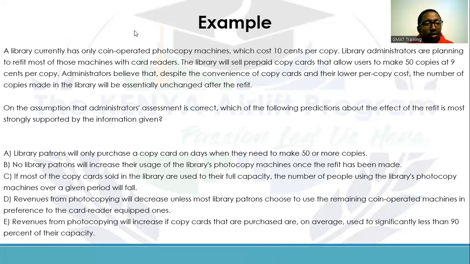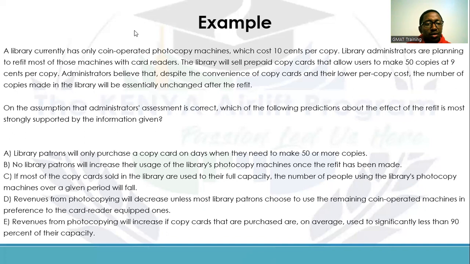So in our example, a library currently has only coin-operated photocopy machines which cost 10 cents per copy. Library administrators are planning to refit most of those machines with card readers. The library will sell prepaid copy cards that allow users to make 50 copies at 9 cents per copy. The administrators believe that despite the convenience of copy cards and their lower per copy cost, the number of copies made in the library will be essentially unchanged after the refit.